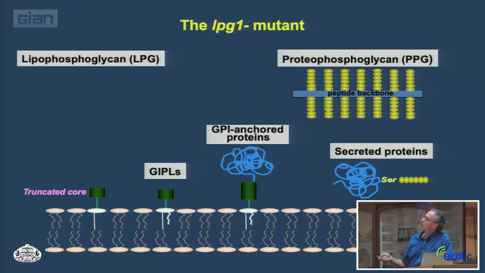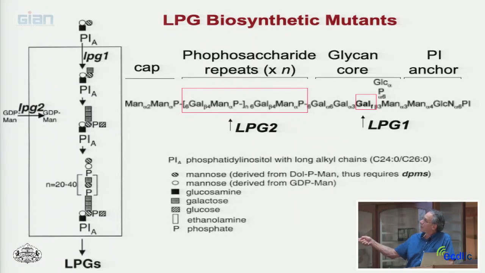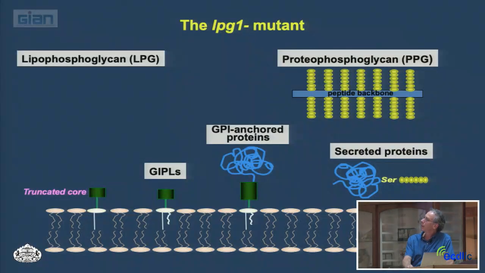So if we just consider the LPG1 mutant, it's targeting just this structure which is on the glycan core, which is confined to LPG and not the other phosphoglycan molecules.